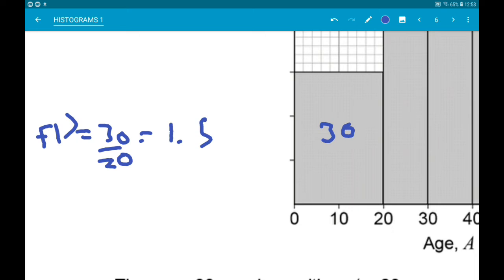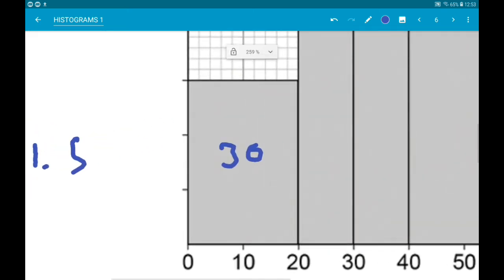So up to here, our frequency density is 1.5, so that's 3 notches up.